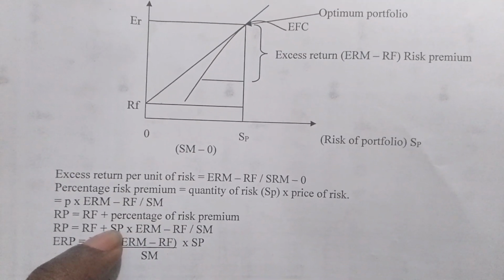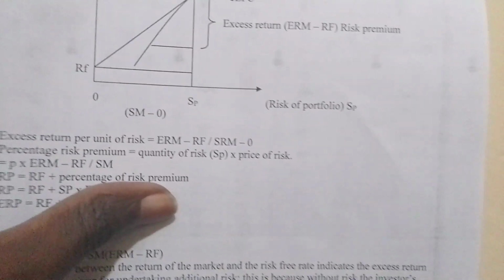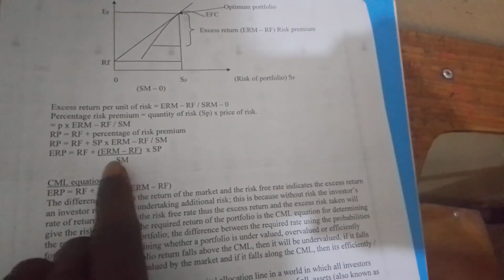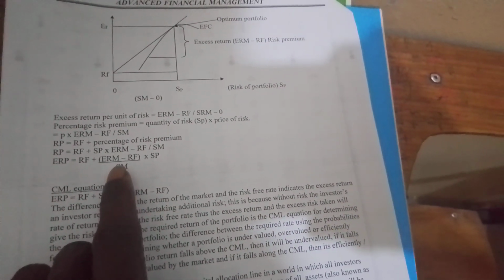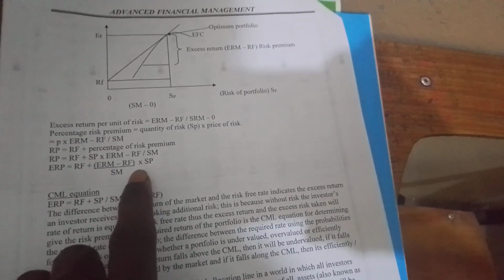So this formula is quite important. So our CML formula will be using this formula here: risk-free rate plus ERM minus RF over SM times SP. That will be our formula that we will be using.